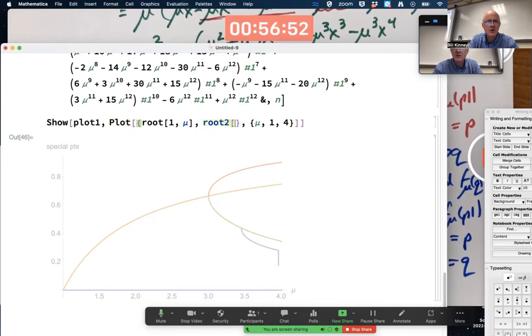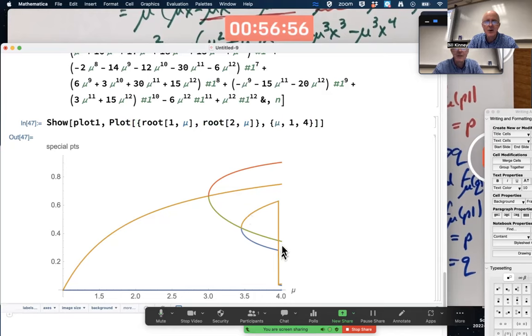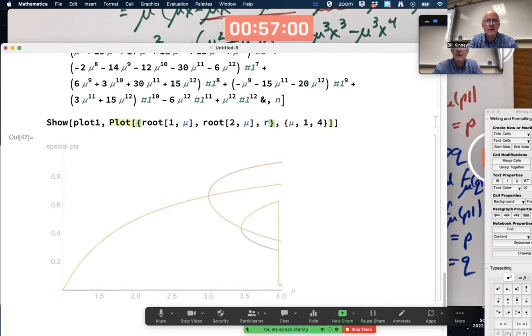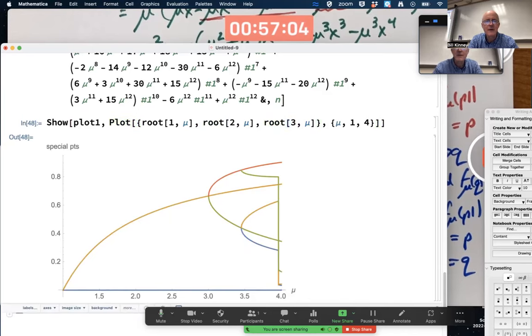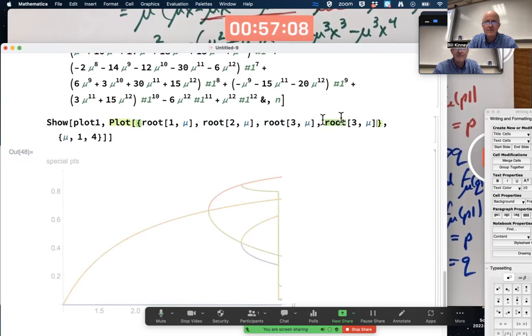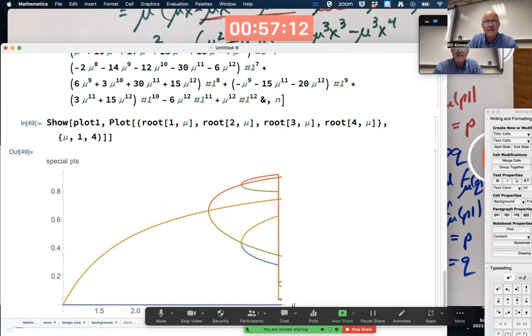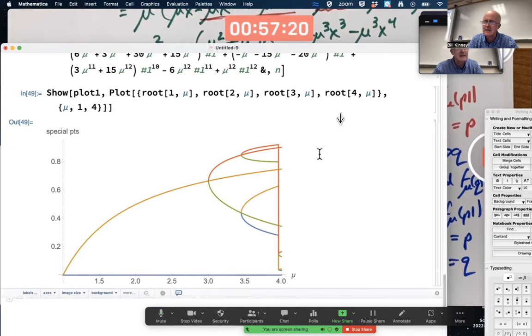I could also do root 2 of mu in there. Yeah, don't worry about that vertical line either. Root 3 of mu. Don't worry about the green vertical line. Okay, so I could keep going here and do more of these. These are supposed to be period 4 points that are tracking not over the entire range of values of mu that you see.